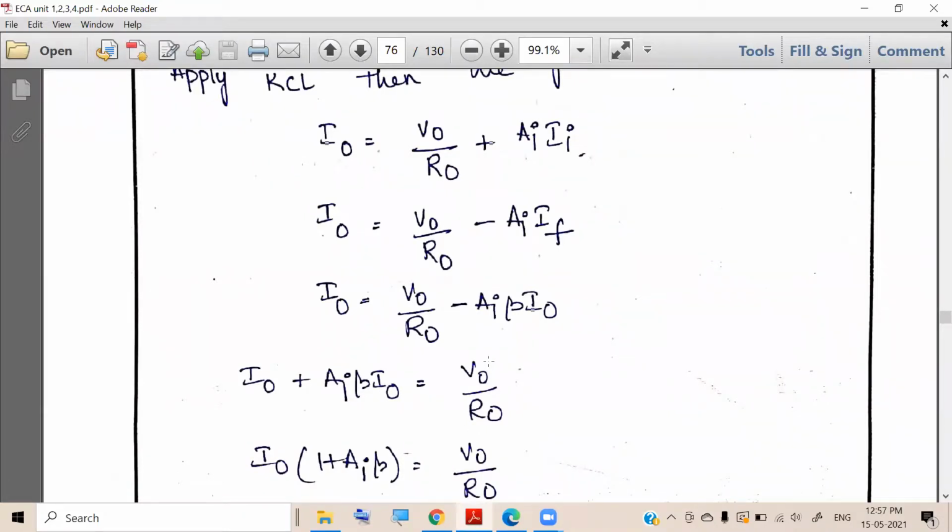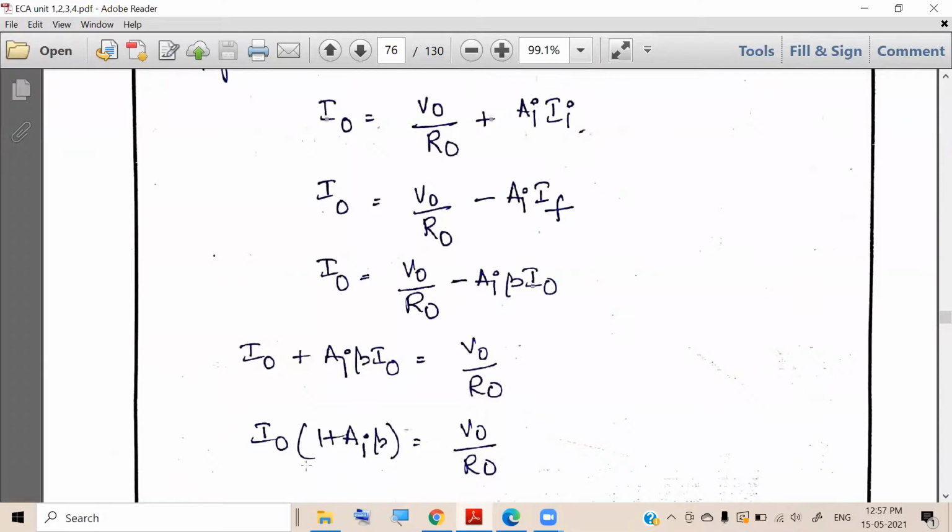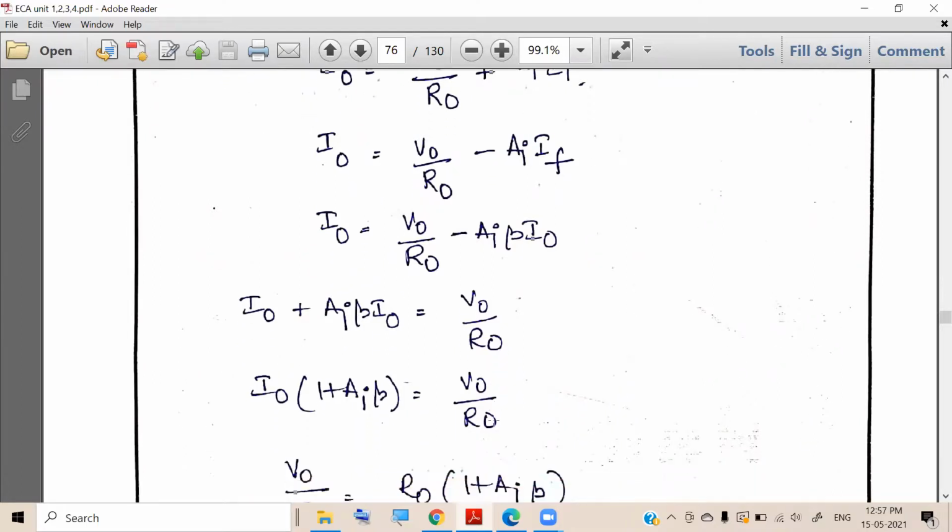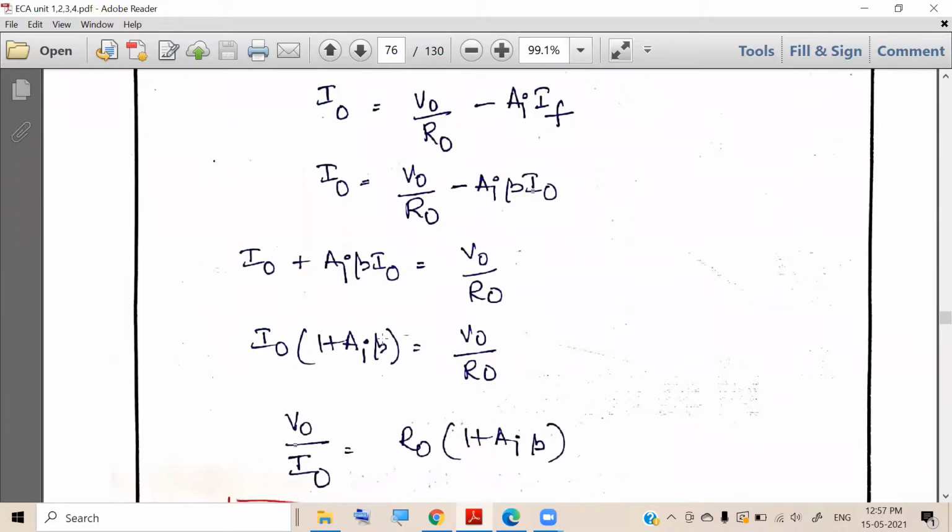If we take I naught common, we have 1 plus AI beta on the left, and V naught by R naught on the right.